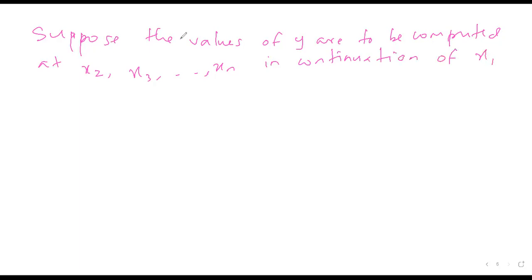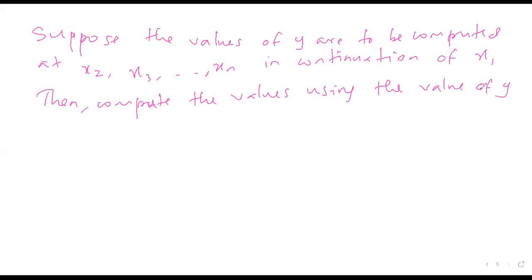From x1, after the y value at x1 is found from the y naught value, we can use this value to find x2, then x3, and at every step we can go on. So compute the values using the value of y at the preceding point.